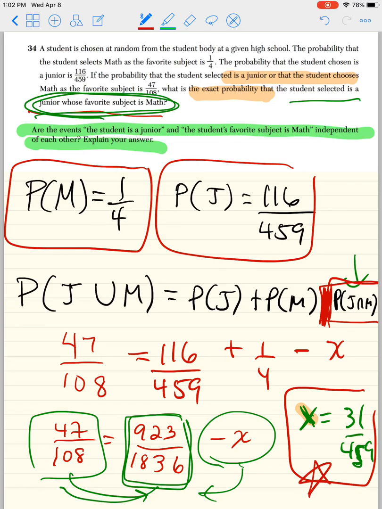So they are not independent. Once again, in order to determine if they're independent, you multiply this times this to see if it equals their intersection. I'll stop the video here so you can take your time to understand this, and then come back and watch another video where I will do many more examples, because this one took a little while.